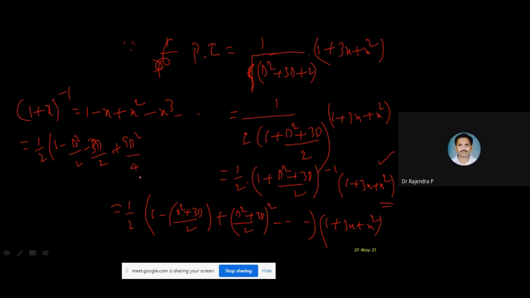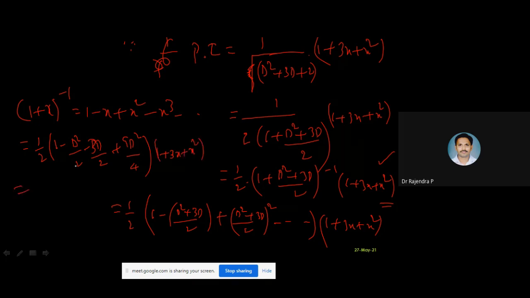Is there any other term in that? Only second order I want. Higher order we don't want, because that is going to become 0. Only second order is enough. That's it, right? Can I close it now? 1 plus 3x plus x square.